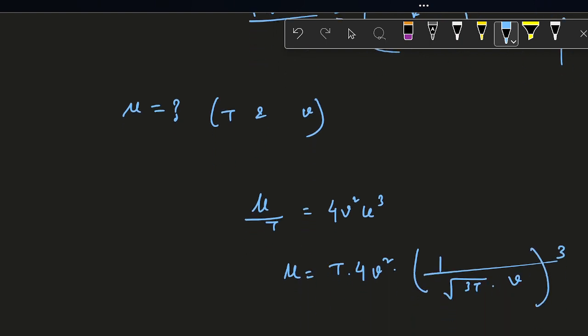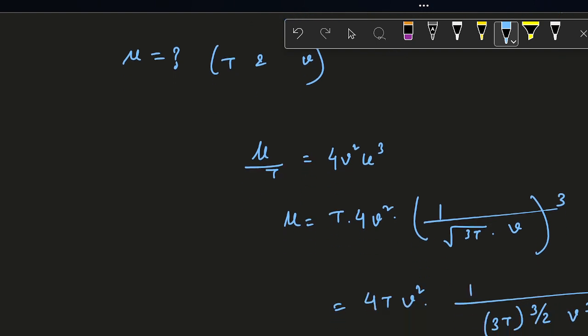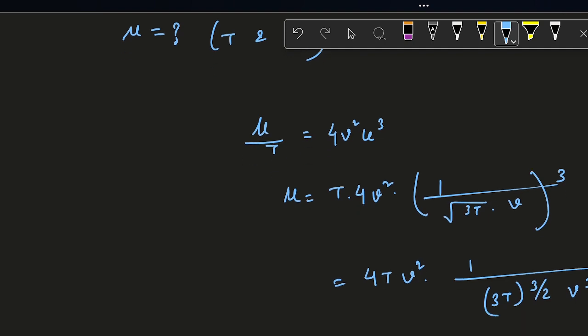So you just get 4 t v squared times 1 by 3t to the power of 3 by 2 into v cube. So mu equals 4t, then this v squared and v cube cancels out, so this is 4t by v, and then you get this 3t to the power of minus 3 by 2.